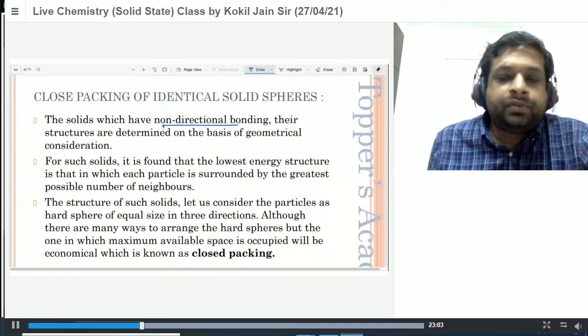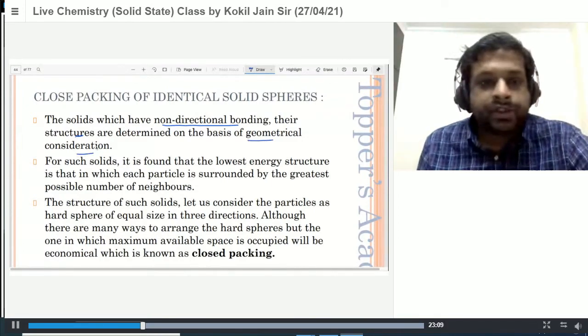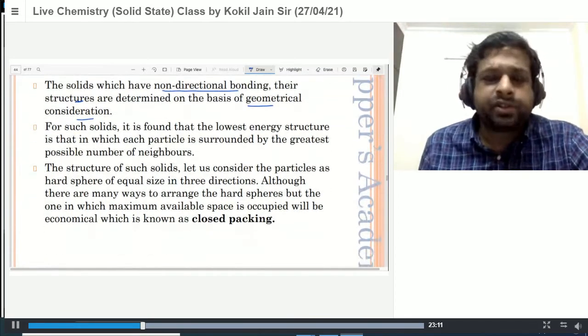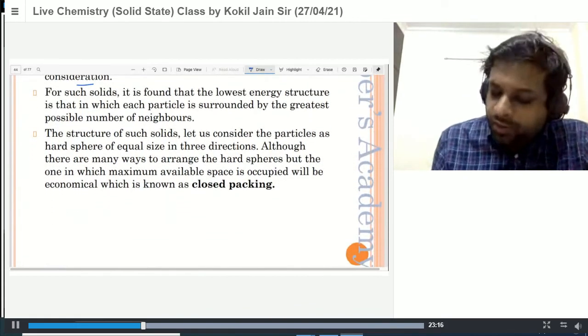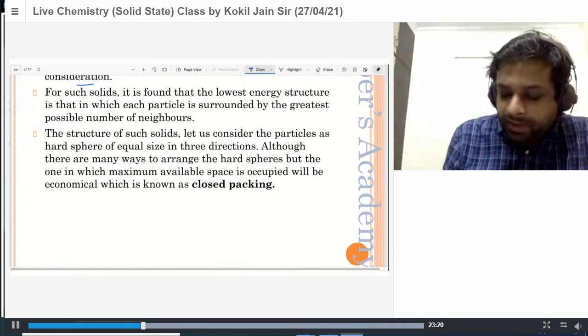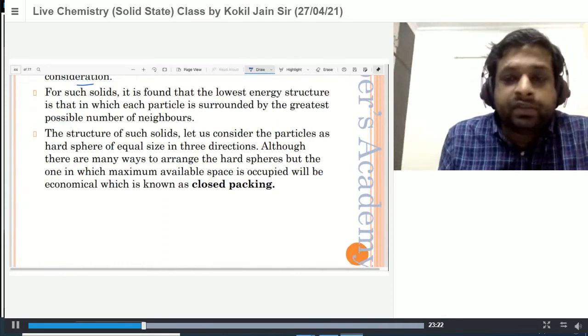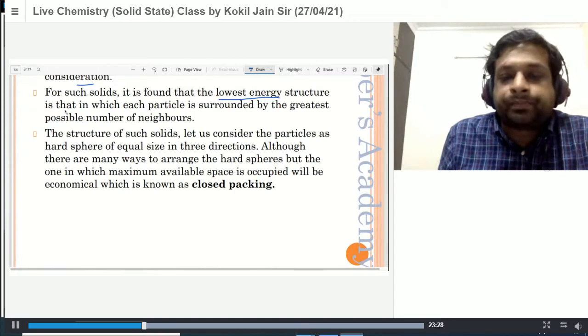Their structure we determine on the basis of geometrical consideration only. This we have studied in the first or second lecture. Now, how do we know which type of structure they use? We will pick that type of structure in which the structure as a whole has the lowest energy.